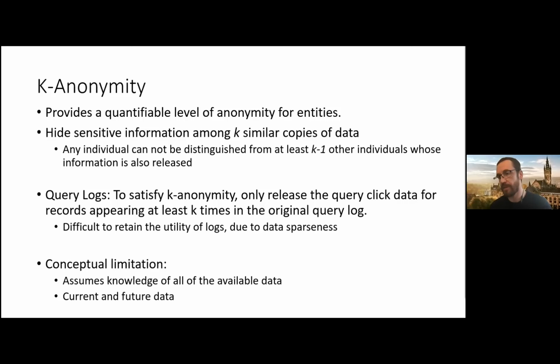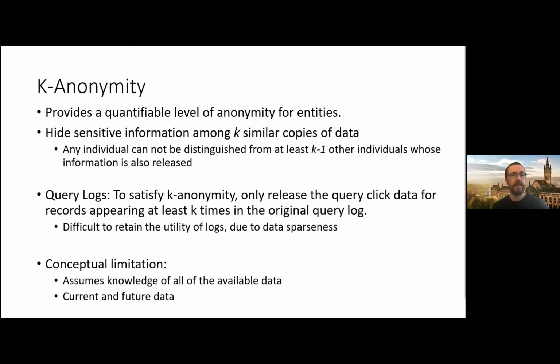If you think back to the previous example of the AOL user, the journalist managed to identify the postcode area of the user. So let's say there's 10 people in a postcode area, then if we could narrow down the set of possible users to at least one postcode, we could say that it is K equals 10 anonymity.